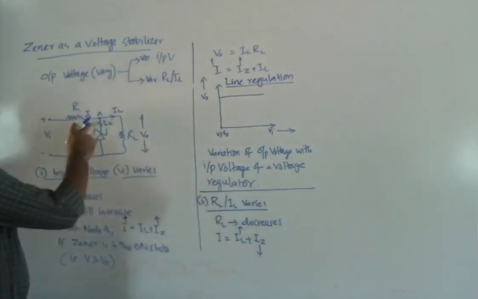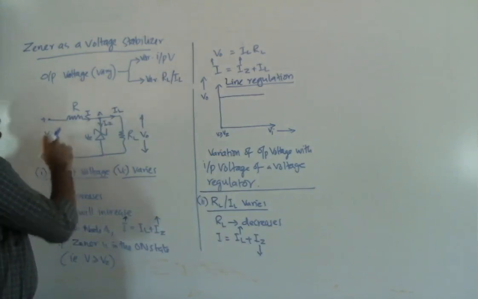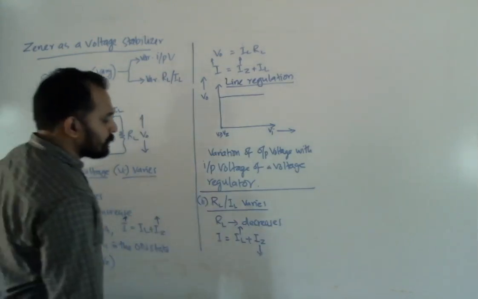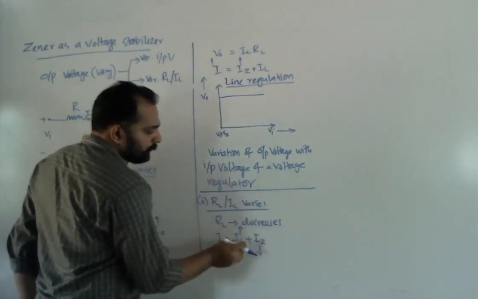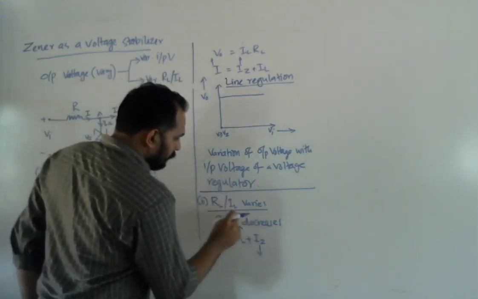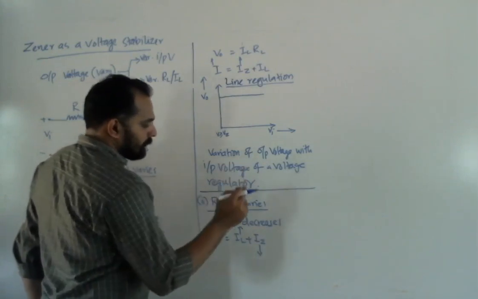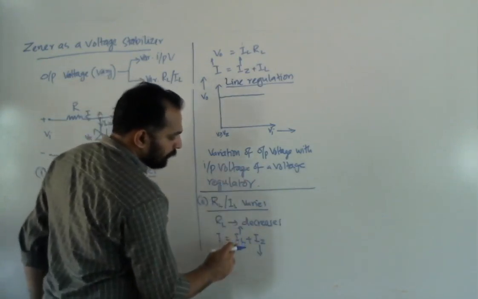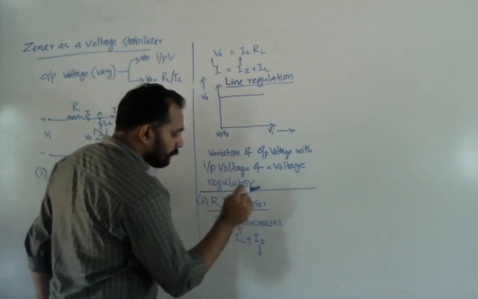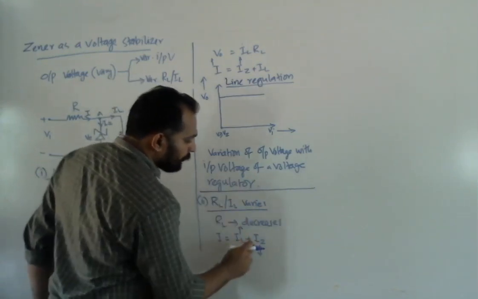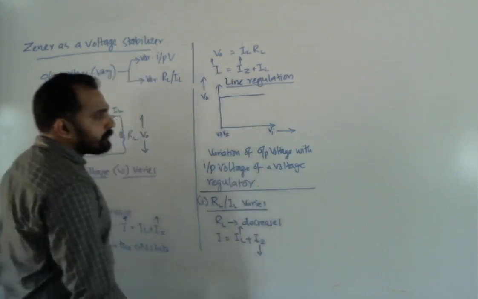I will be a constant because we are not changing the voltage source, so the current drawn from the battery will be the same. So when load resistance decreases, the corresponding load current will increase, and this increase in load current is provided by the decrease in the Zener current.